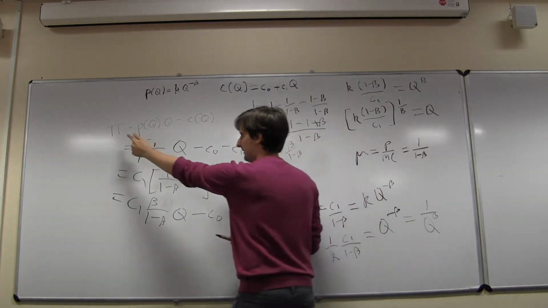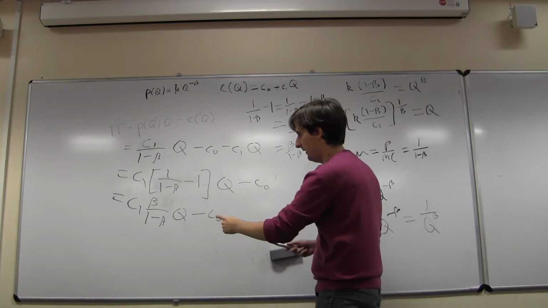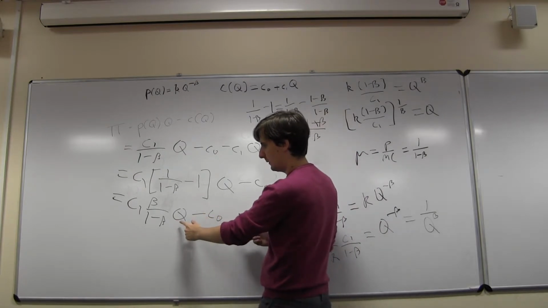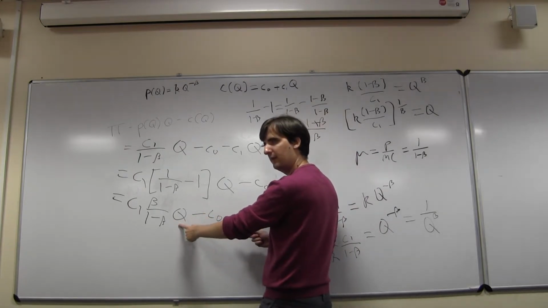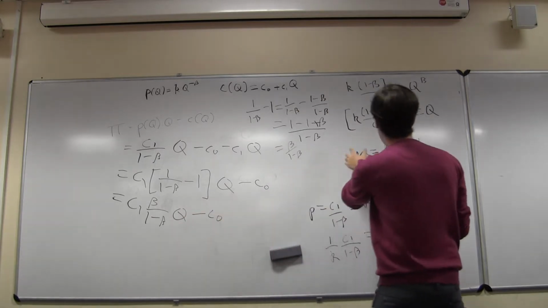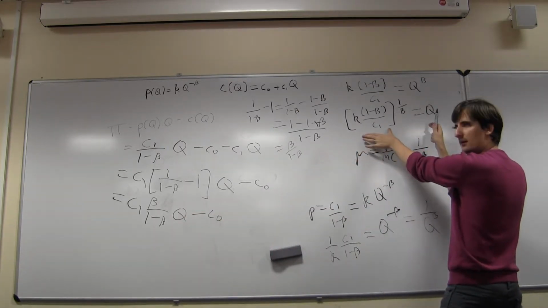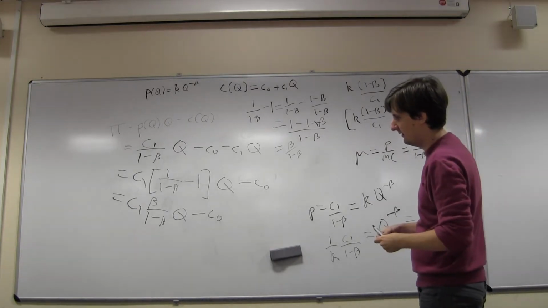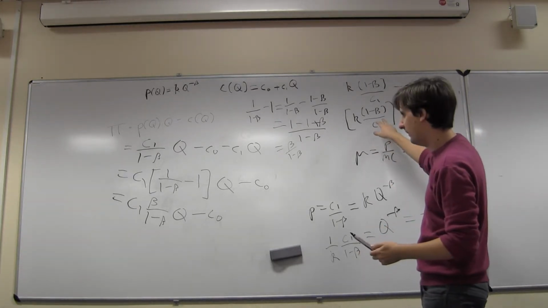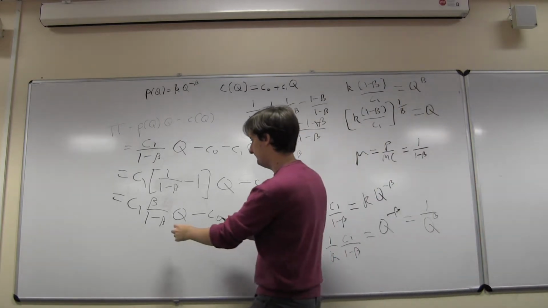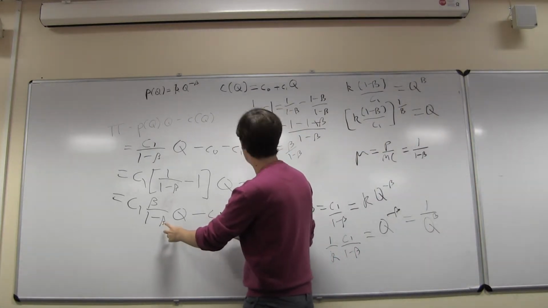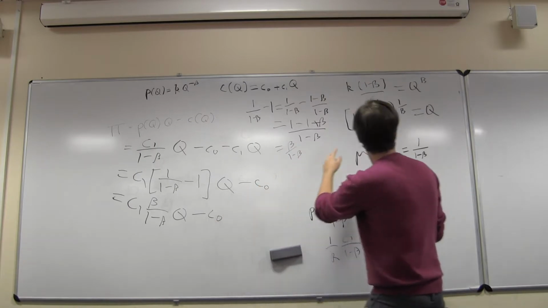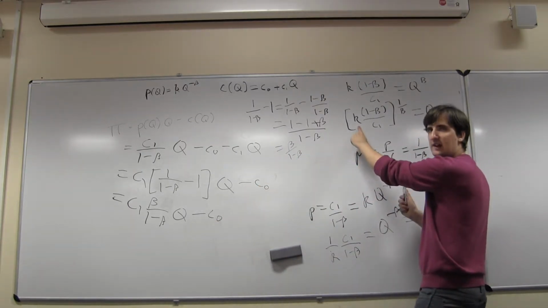So profits are going to be just increasing in quantities once you substitute it in. And we have this expression for the optimal quantity. Let's look at what happens as k changes to start with.